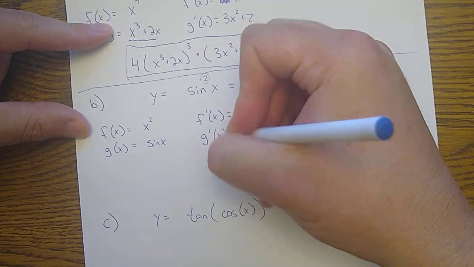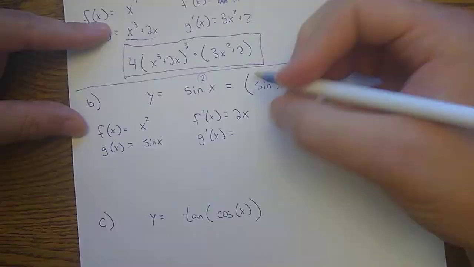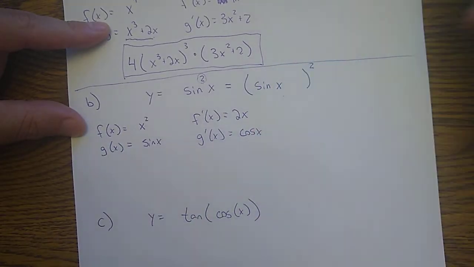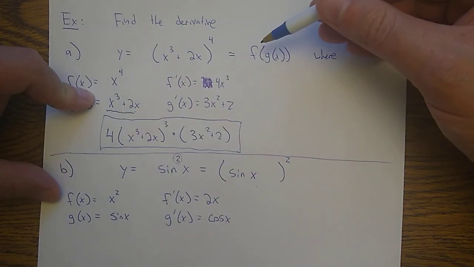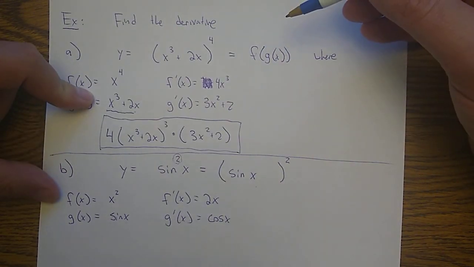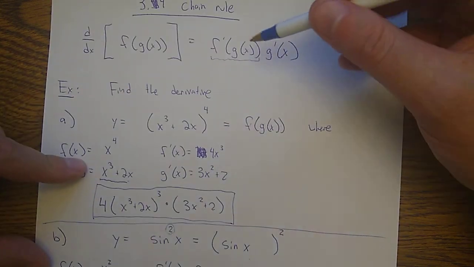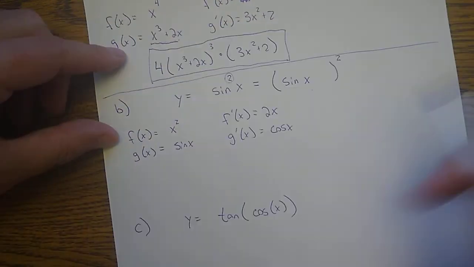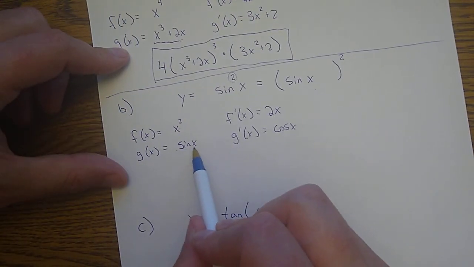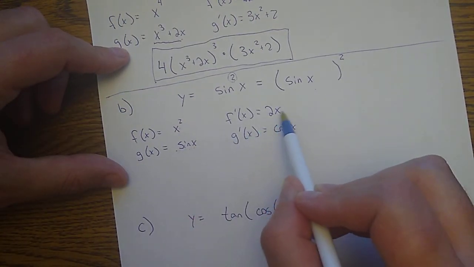G prime of x is, if you remember our derivatives of trig functions, cosine x. And then I use the formula. I do f prime of g of x, meaning I take g of x and I plug that in here.